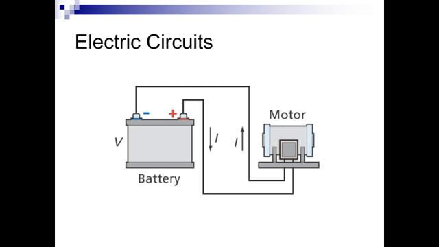And to actually get electric current to flow, what you need is a full circuit. So you need a path for the electric current to follow from your source of energy, so in most cases a battery, all the way through whatever it is that's using up that energy, so in this case a motor.